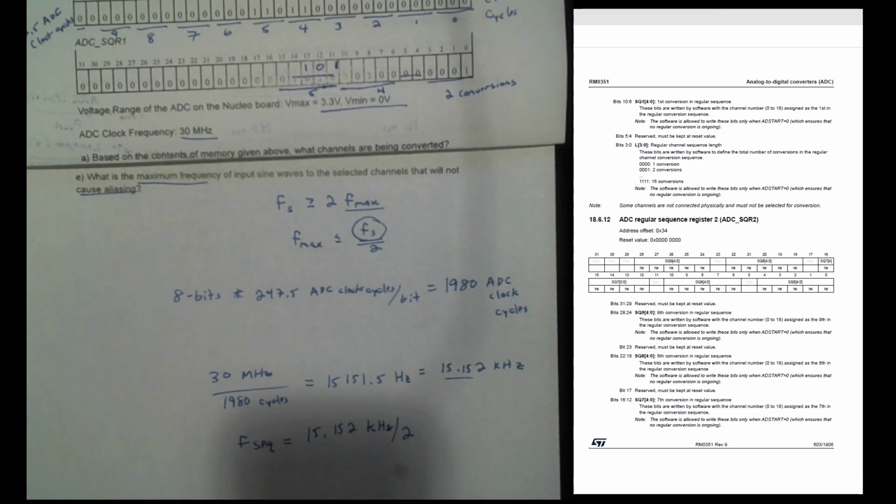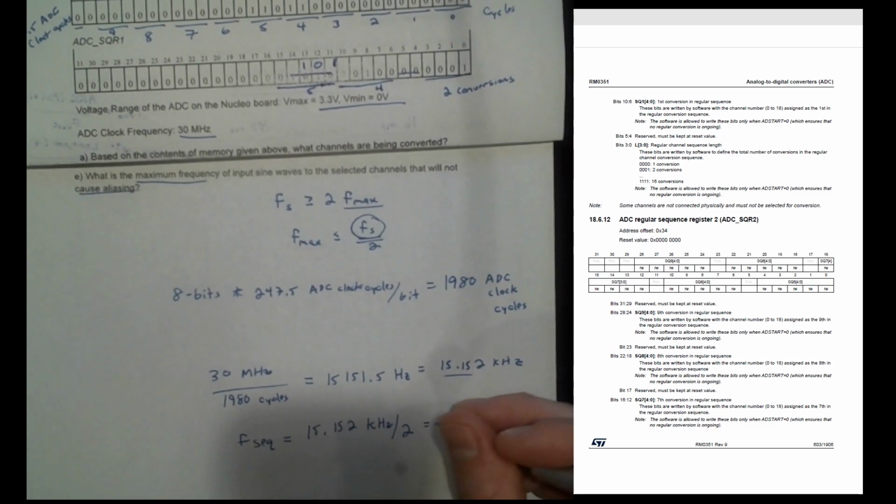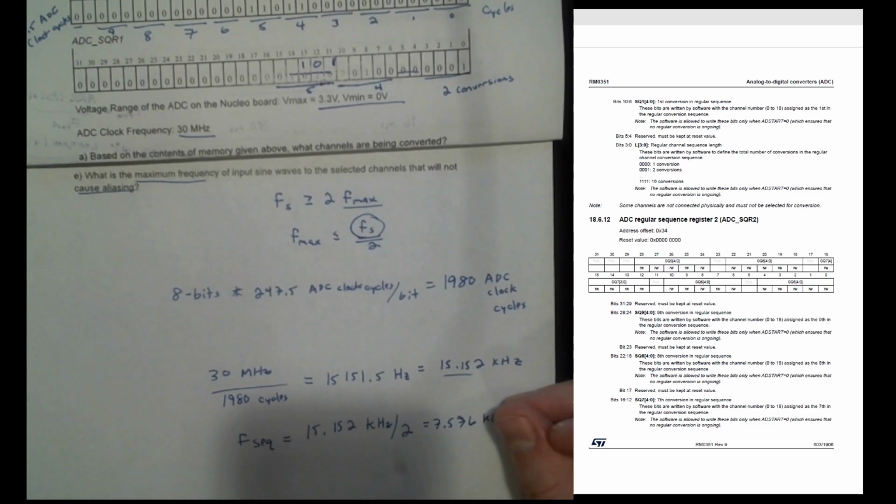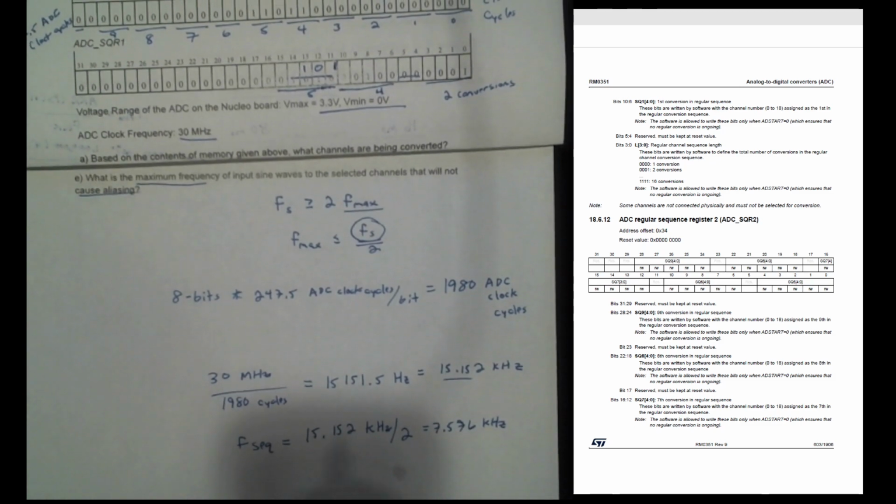And so it's going to take us 1980 clock cycles on one of them, and then 1980 clock cycles on the other one, which means they're going half as fast. So we're going to take that 15.152 divided by 2, and that's going to give us 7.576 kilohertz. And that is the frequency that we're going to be able to convert these 2 channels at.